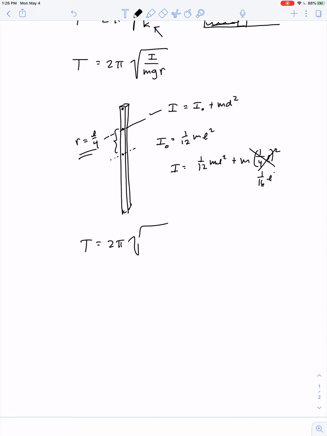which would give us 1/16 L squared. So the question is, what's 1/12 plus 1/16? We need to find a common denominator for that one. So how about 48, right? You can say I is equal to 4/48 m L squared plus 3/48 m L squared, which gives us 7/48 m L squared. All right.